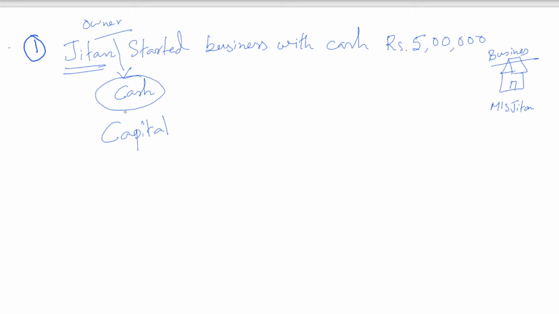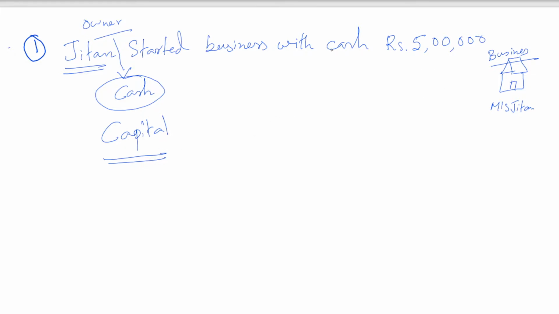This way these things are actually named. Or in case of a company, it is called shareholders' capital. It may be equity shareholders or preference shareholders. There are different types of shares, or the capital is known by different names. So whenever any cash or anything is brought by the owners, it is known as capital. So we have found one thing, that is capital.